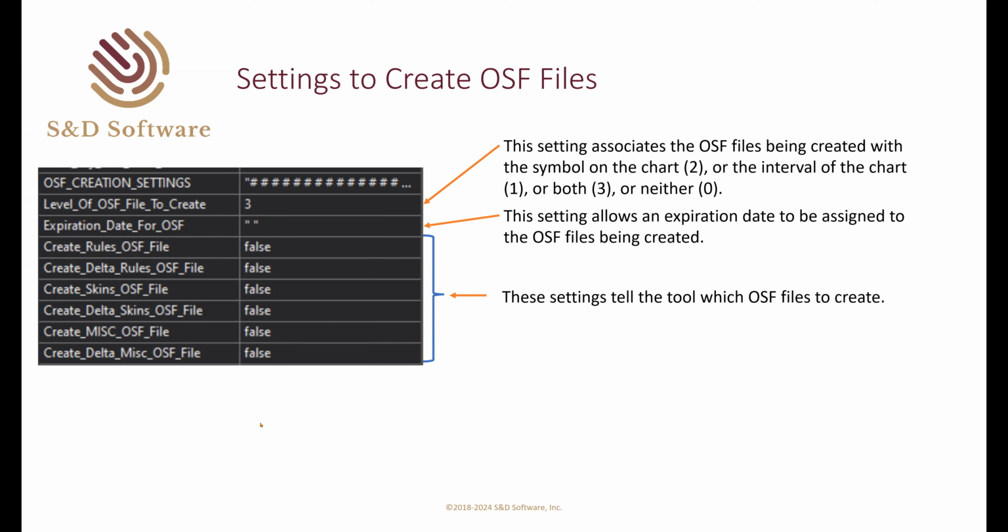But you can go and change that association. Up here, you can see that you can create it. You can associate it with just the symbol in use on the chart, or just the interval of the chart, or none of the above.